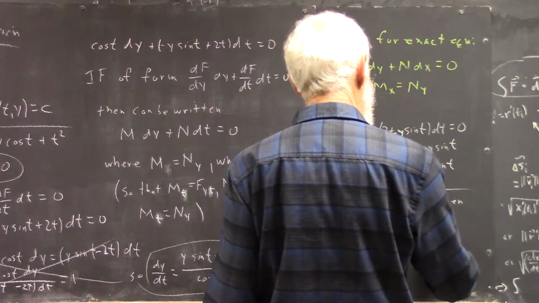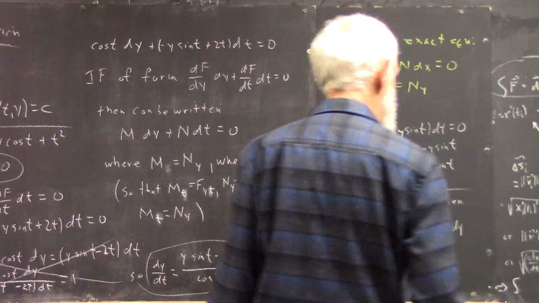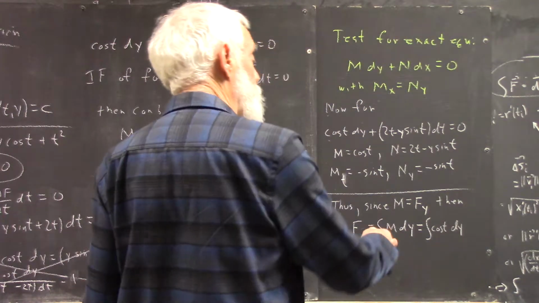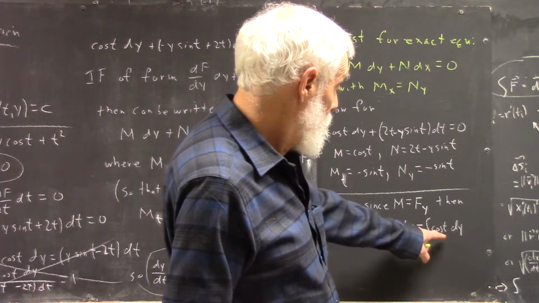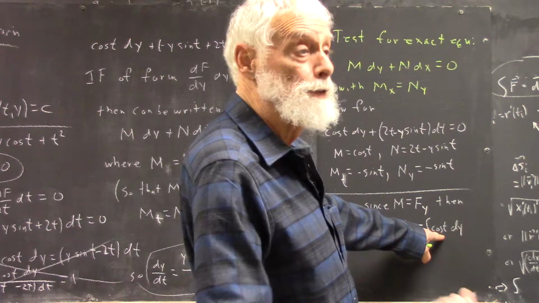And m is cosine t. Right? In the integral of cosine t with respect to y, well, cosine t is regarded as a constant.